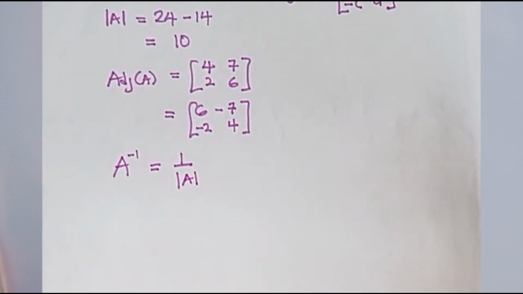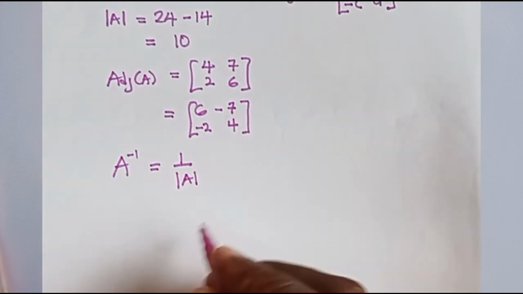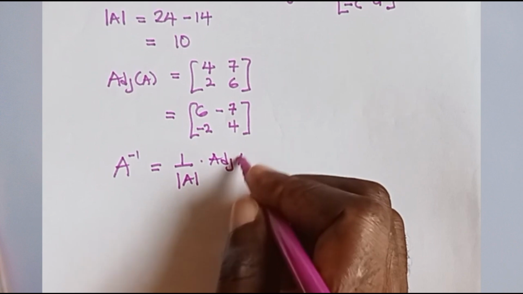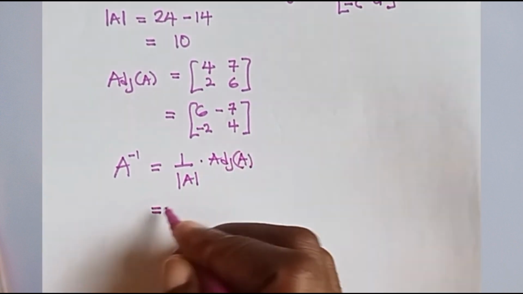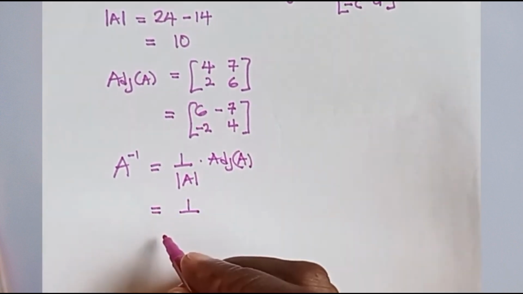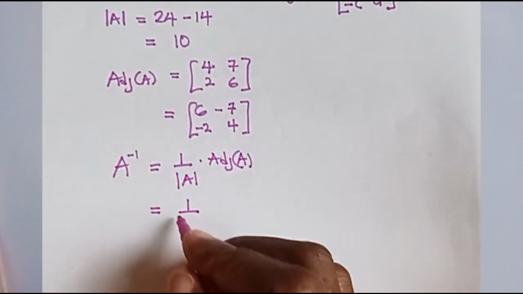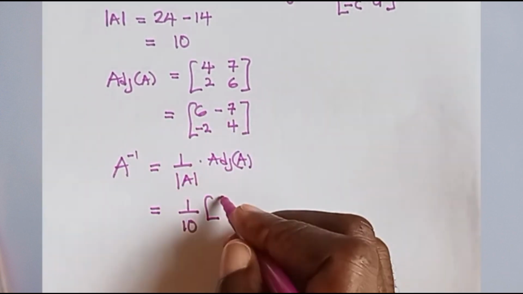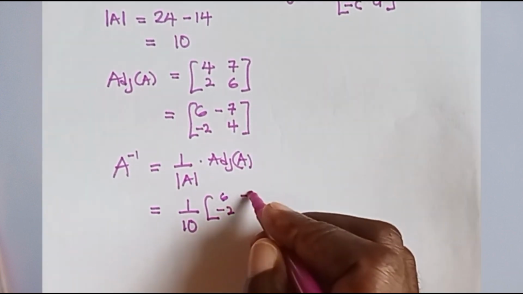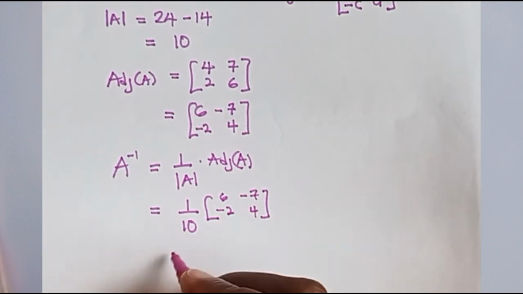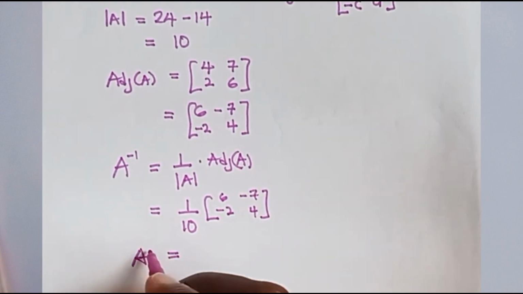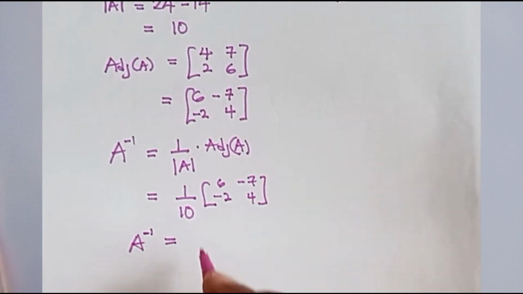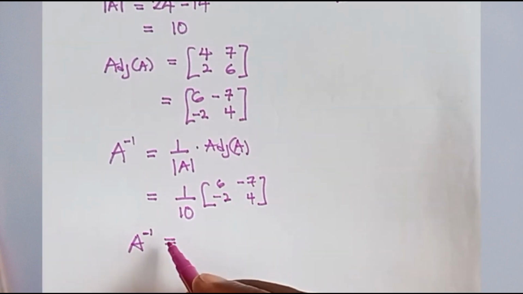The inverse of A equals 1 over the determinant multiplied by the adjoint of A. So 1 over our determinant, which is 10, and the adjoint of A is 6, minus 7, minus 2, 4. We can actually put this in decimal. We multiply each of these by 1 over 10.